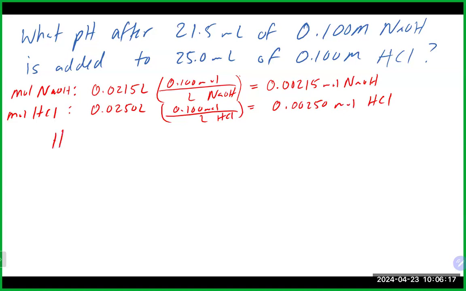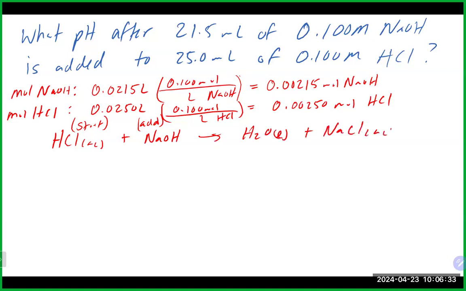We take our HCl, which is what we're starting with, and our sodium hydroxide, which is what we're adding. And again, that's going to give us some water and a little sodium chloride. Initially we have moles of HCl, 0.0025, moles of sodium hydroxide, 0.00215, and 0 here.